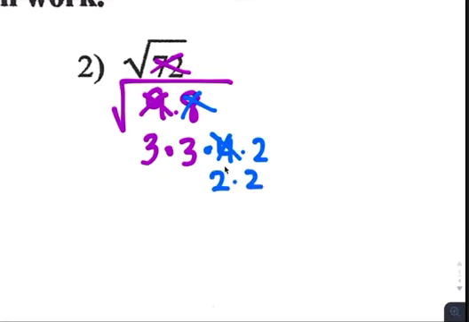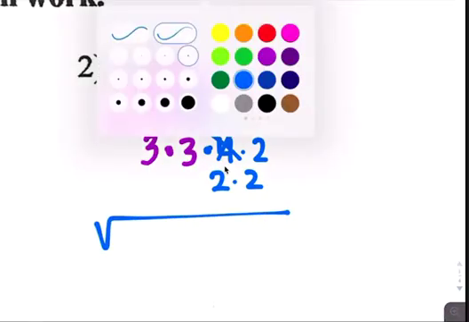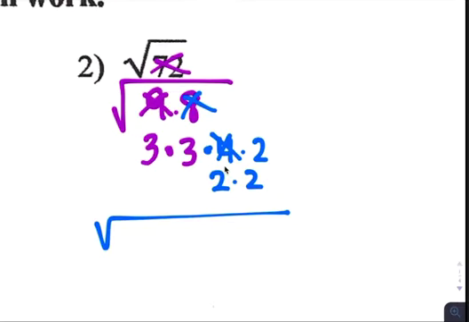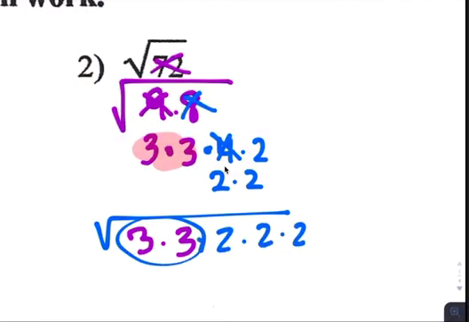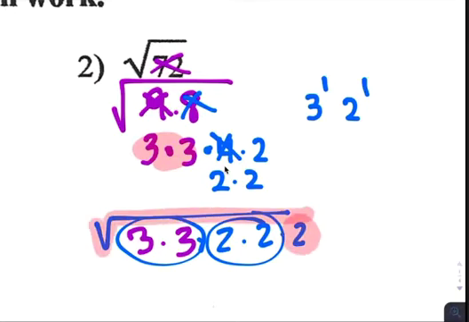So the numbers that are left are 3 times 3, these 2, and then 2 times 2 times 2. So you got 2 pairs, 3 to the first, 2 to the first, and this 2 keeps the square root of 2.